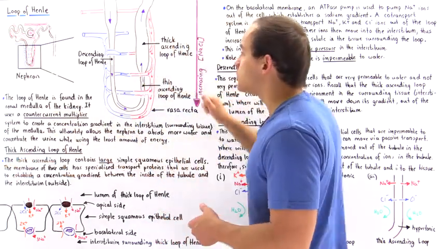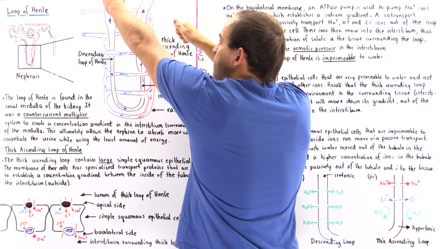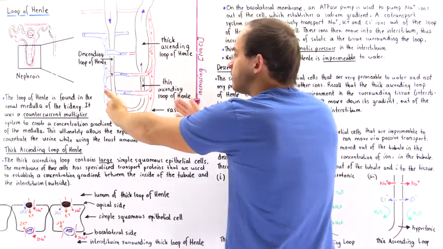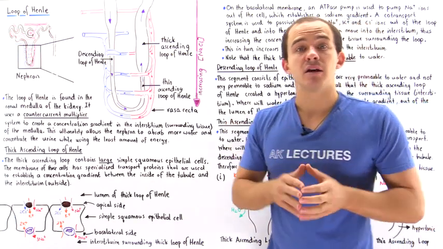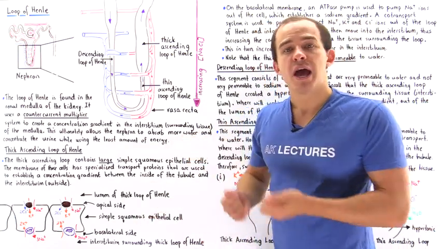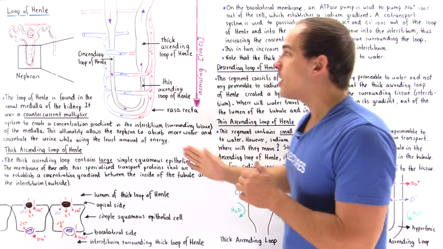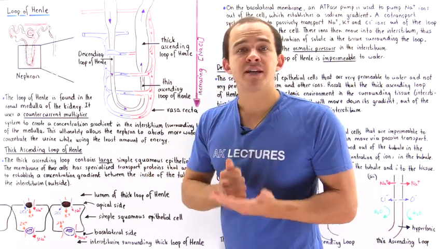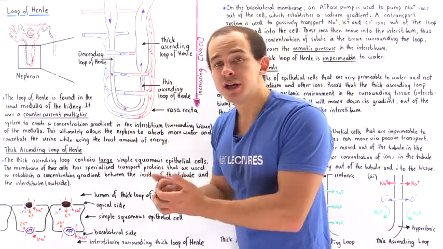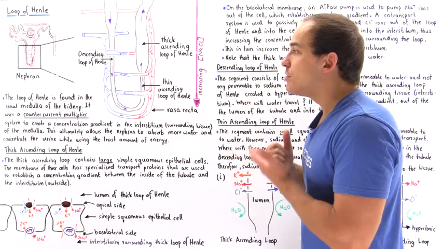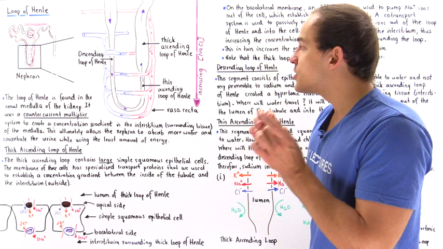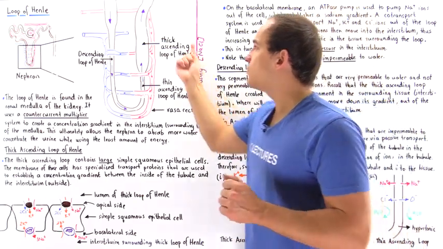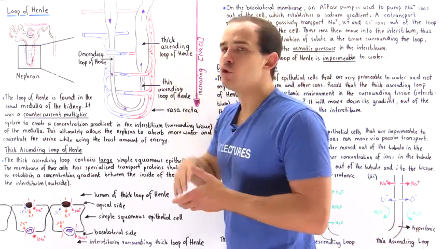It uses this system, in which the filtrate travels downward here but upward here, to multiply, to increase the amount of water that is reabsorbed back by our body from the filtrate. At the same time, it concentrates the urine in the collecting duct, and this is done without using too much energy. The only place we actually use energy is in the thick ascending loop of Henle.